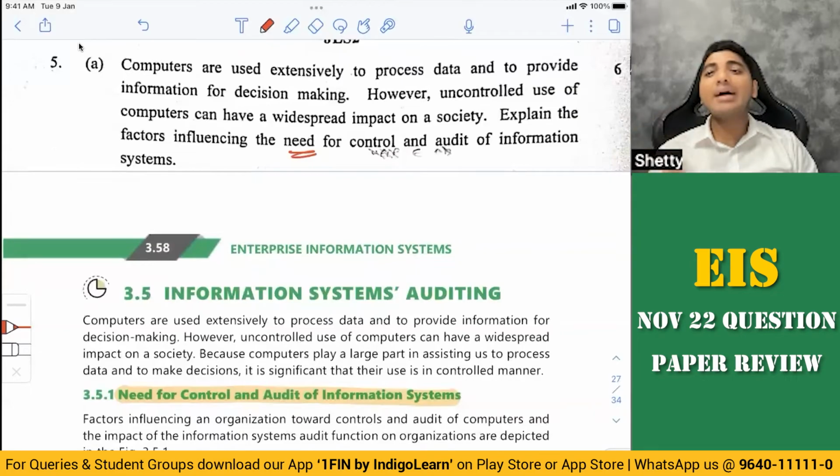Okay, now what happens? Let us say one day you say, why am I even spending 1 lakh, 2 lakh rupees on an IS auditor? Let me not audit my system at all. That is one thing. Or you may say that, why should I even implement controls in my organization? Why there should be preventive control, detective control, corrective control, and so many other controls, environmental, logical access control.